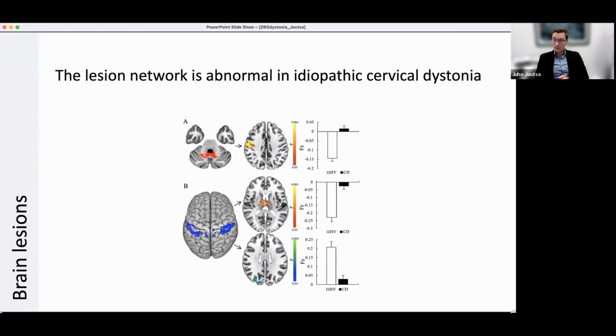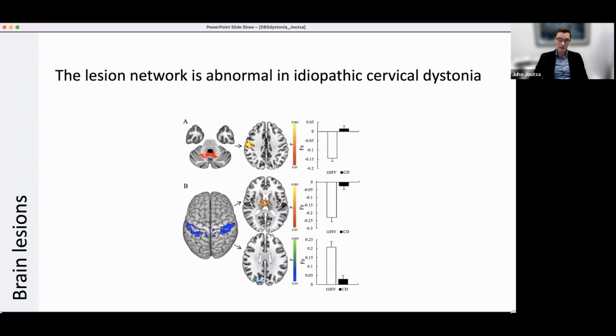Now, the key question is that since lesion-induced dystonia is quite rare compared to idiopathic dystonias, and if we think that lesion-induced dystonias can tell us something about the mechanisms in idiopathic dystonias, then the network that was identified based on lesions must be abnormal also in idiopathic conditions.